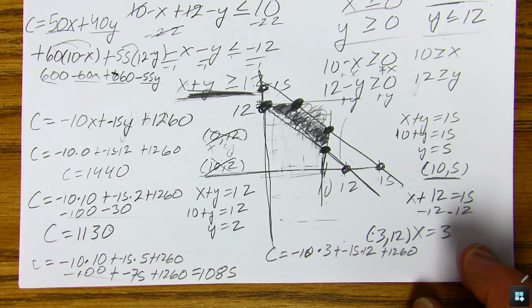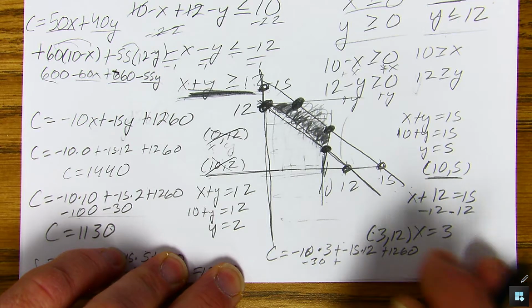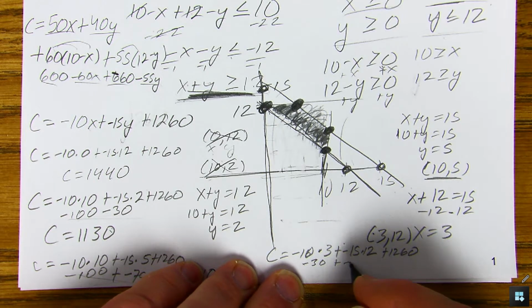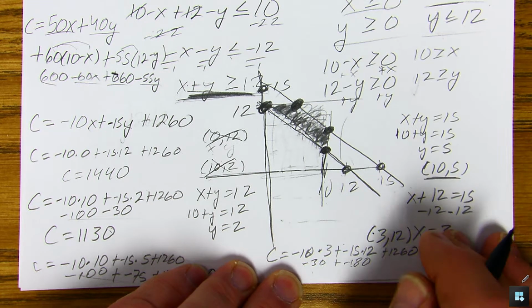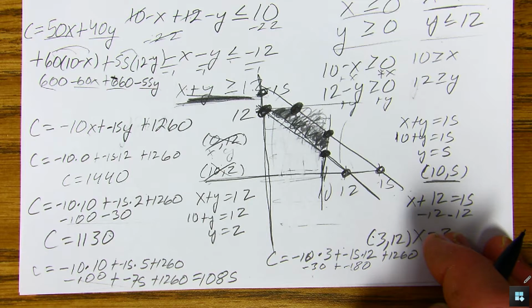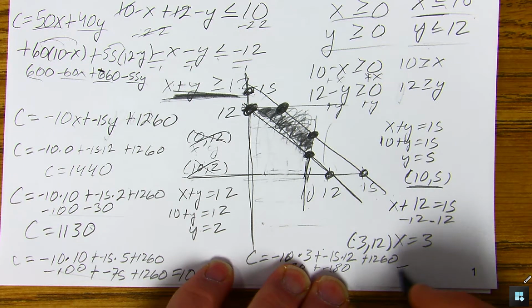So that's going to be negative 30 plus, 15 times 12 is 180, so negative 180. So negative 30 plus negative 180 is negative 210. So 1260 minus 210 gives me 1,050.